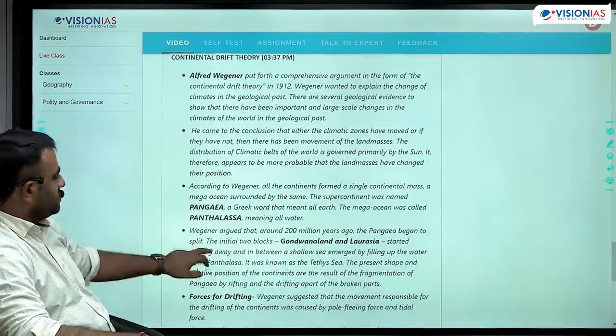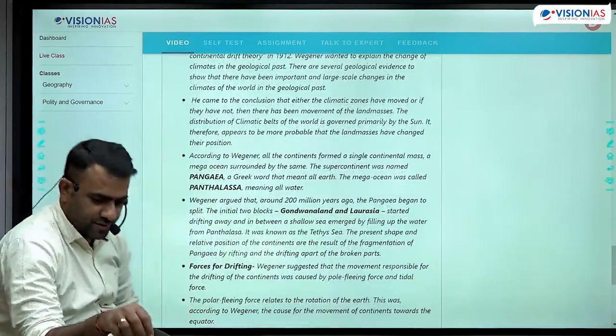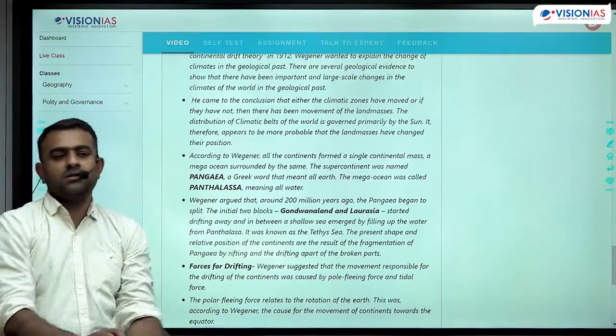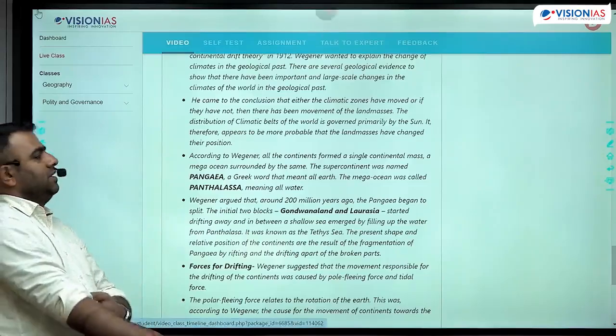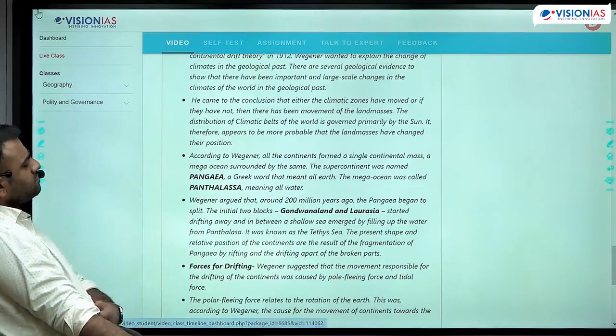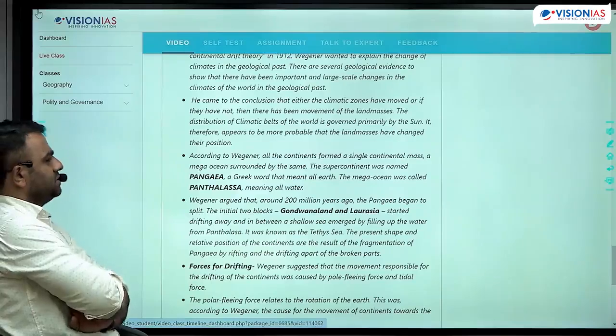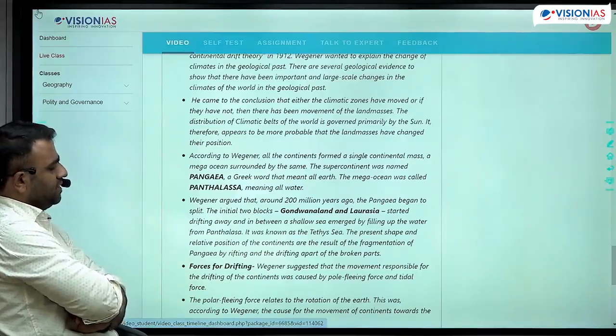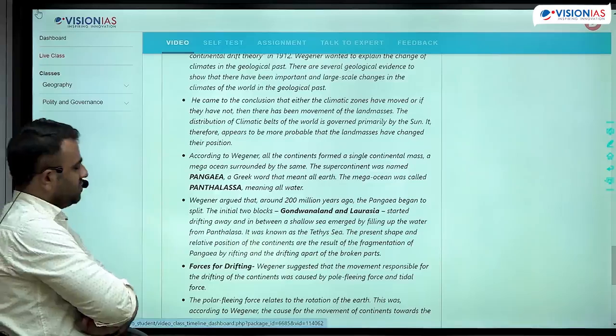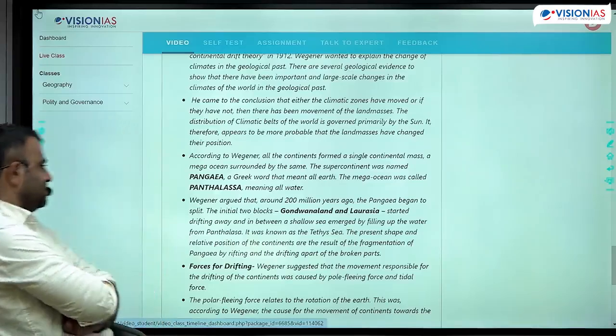Continental drift theory was proposed by Alfred Wegener to explain the changes in the nature of climatic conditions across the earth, and according to his idea, these changes are due to the movement of the continents. Okay, so there was a single super continent called Pangaea and single super ocean Thalassa.